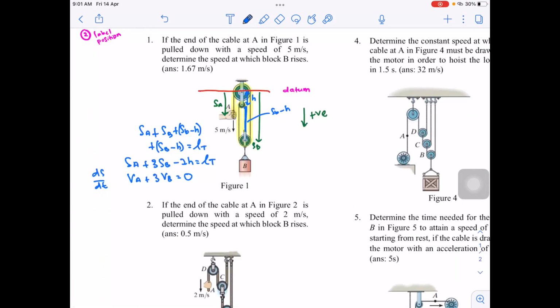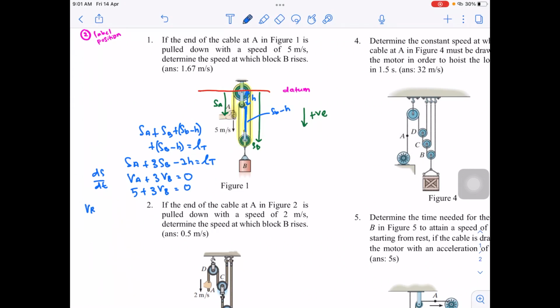Then you masukkanlah cakap sini, if the end of cable A pull down with speed 5, okay, A is pulled down with speed 5, so 5 plus 3 VB is equals to 0. So your VB is 5/3 lah, 5/3, 1.67. Okay. You dapat negatif kan? Tidak. You dapat negatif.